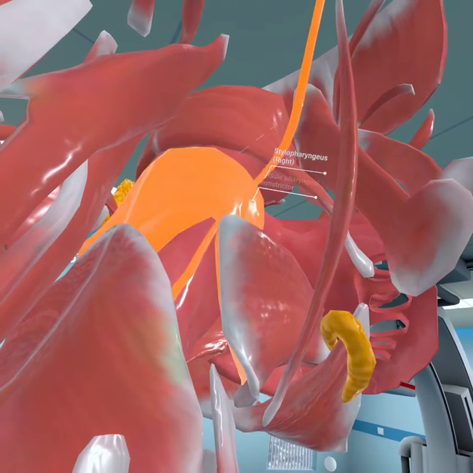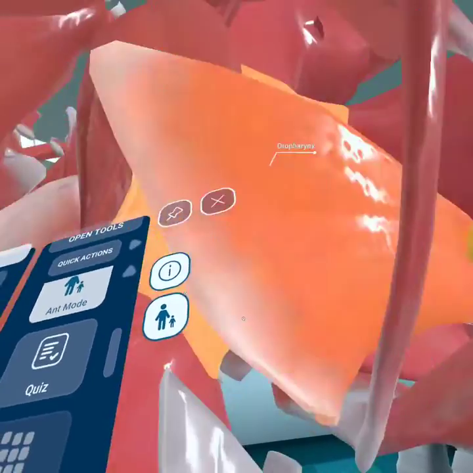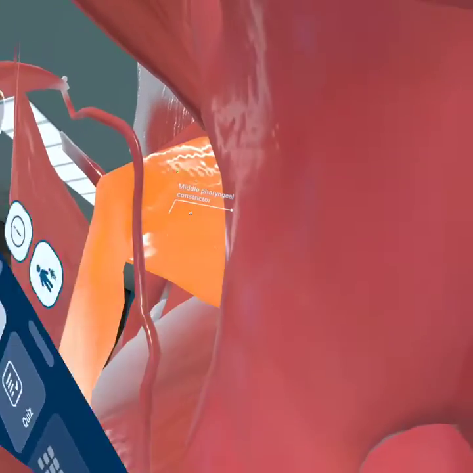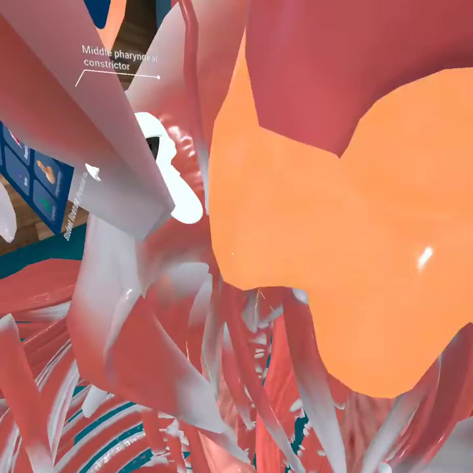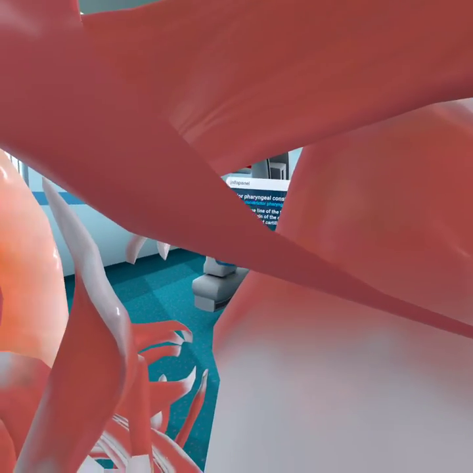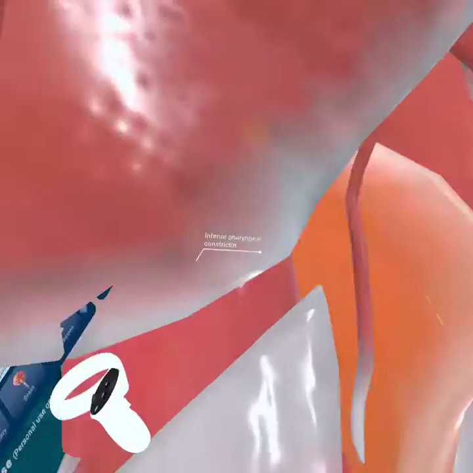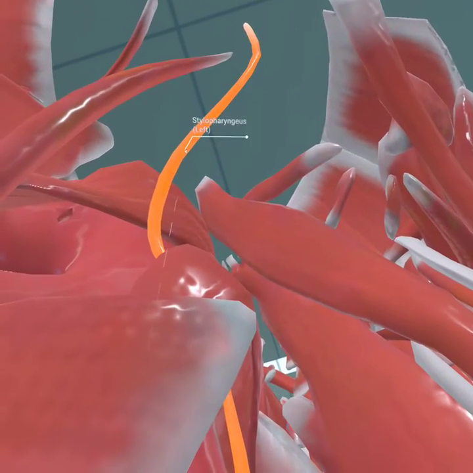It runs anterior to the middle pharyngeal constrictor and the inferior, but posterior to the superior pharyngeal constrictor. And it inserts. Okay, now this is getting complicated.